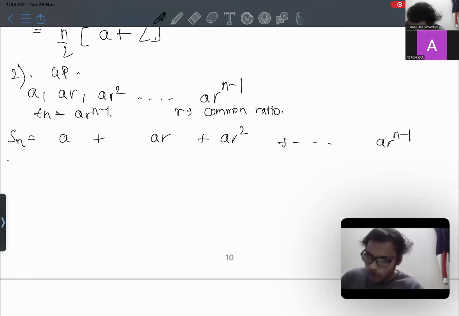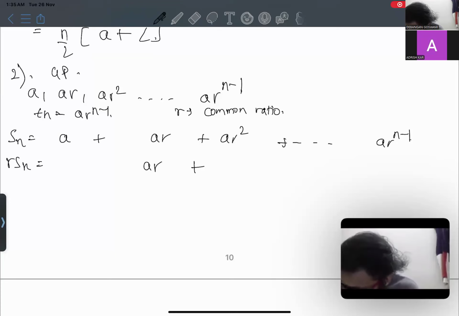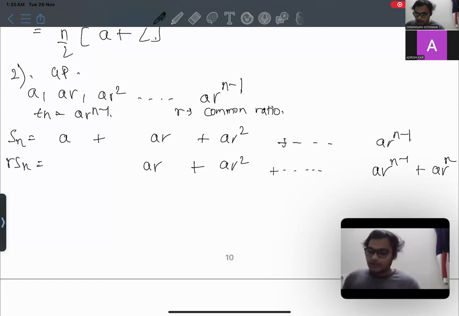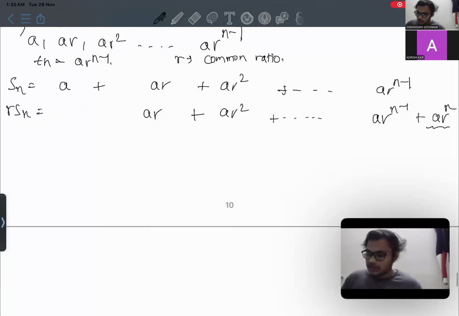So we obtain R into Sn is equal to, and we'll provide a shift in the RHS. So in this way, AR plus AR square, right? This will go on. We'll get here AR to the power n minus 1, and finally we'll get AR to the power n at the last. We have multiplied R on both sides, so the last term would be AR to the power n in this case.